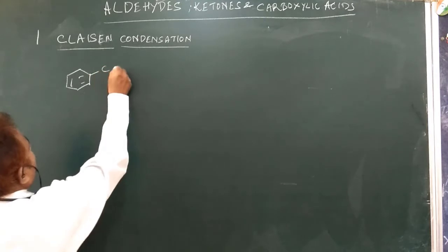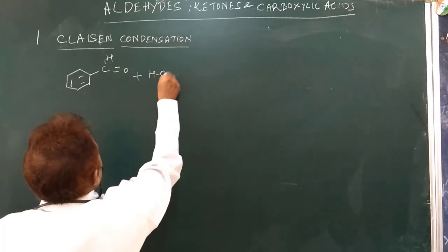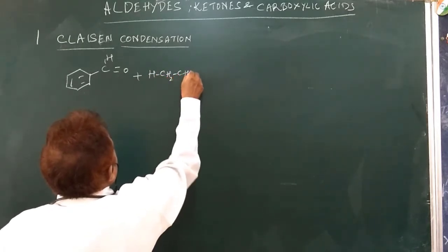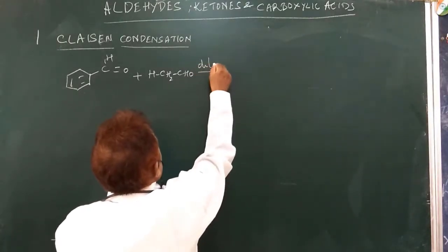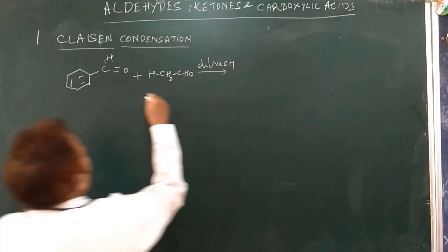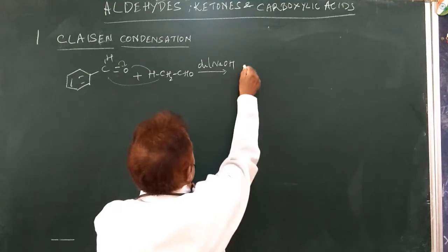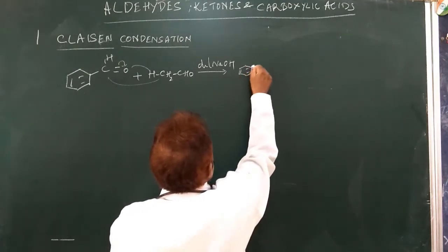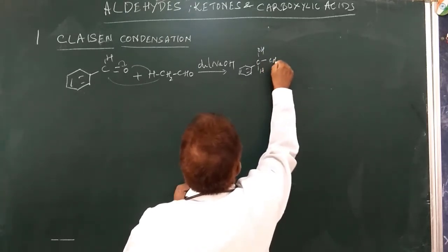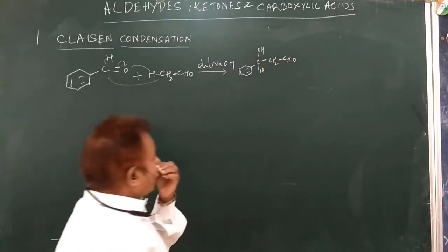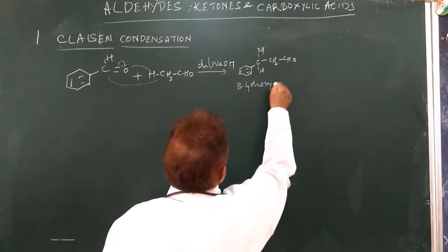Aromatic aldehyde, this is benzaldehyde, plus this aliphatic aldehyde, in the presence of dilute alkali. Bond shifting takes place, and we get C6H5 COH CH2CHO. This is a beta hydroxy aldehyde.